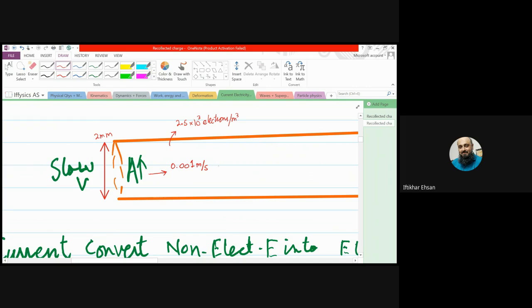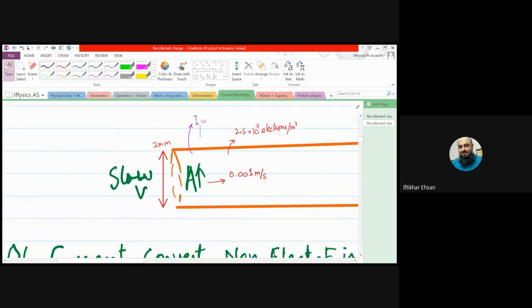Can you suggest me what will be the current here? Any idea?